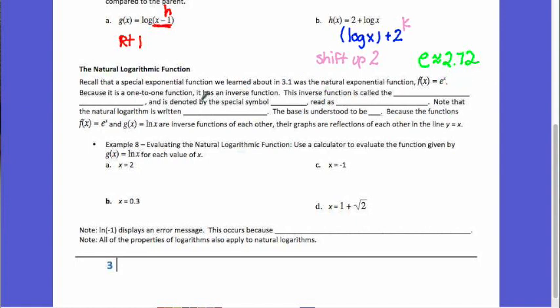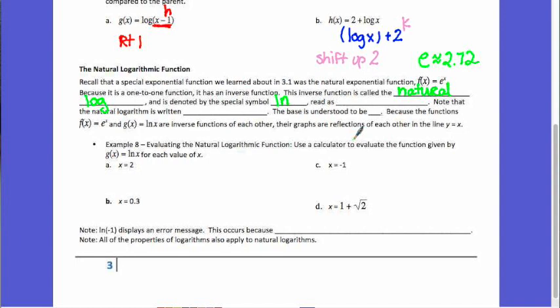So e to the x is a one-to-one function, which means its inverse is also going to be a function. The inverse function is called the natural log, and it's noted by the special symbol ln, read as natural log.